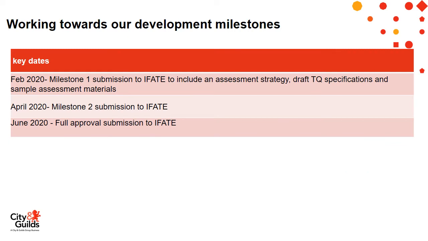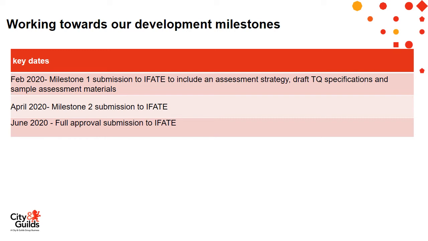Okay, so the slide we're looking at now just highlights some high-level key milestone dates that we are working towards with IFATE as part of this development. The first one, at the end of this month, is where we will be submitting our assessment strategy, draft TQ specifications and sample assessment materials. In April, we have milestone 2, and then in June, we'll have the full approval milestone 3 submission to IFATE.